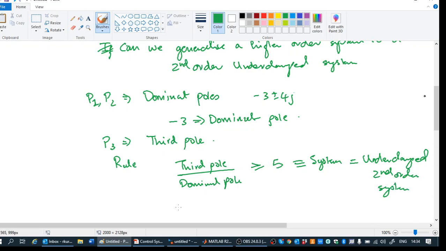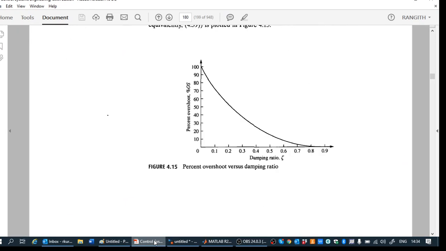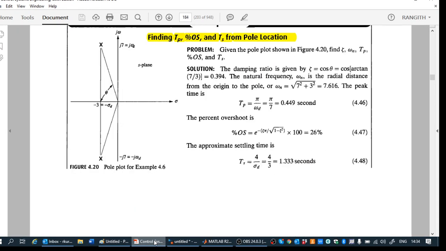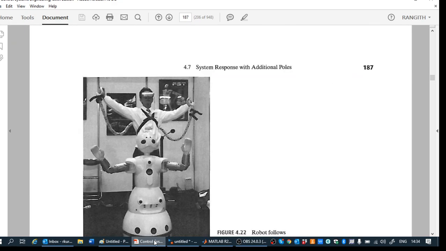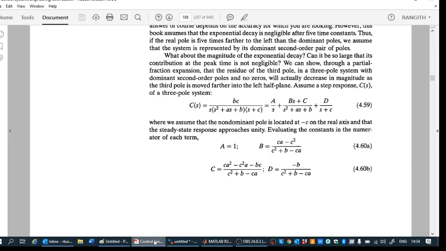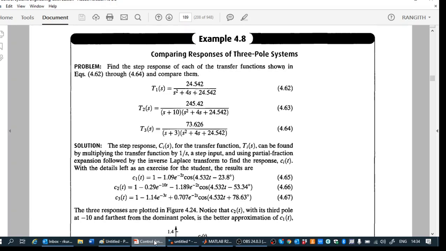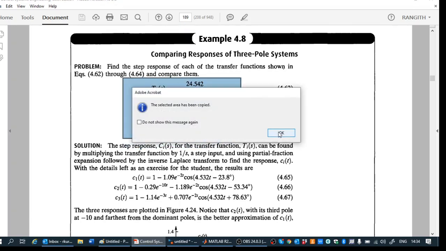So let's put this into practice. Let's look at a question that we have here. On page 188, we saw that we started with this discussion. Now take an example of the three cases that we have, which is in example 4.8. So these are the three examples that we have.